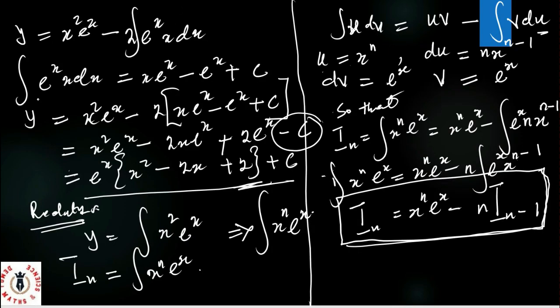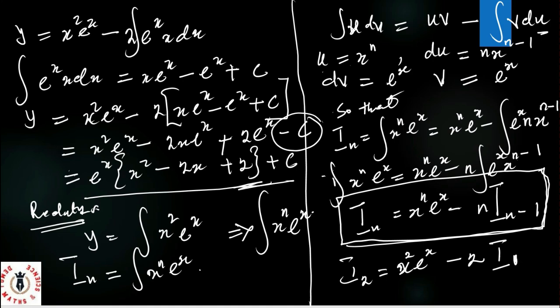Remember our question says I'm solving for the integral of x raised to power 2 e raised to power x with respect to x. And this is the same thing as I2. Let's call this I2. So if I'm dealing with I2, going by our reduction formula, I2 will be the same thing as x raised to power 2 e raised to power x minus 2 I1.